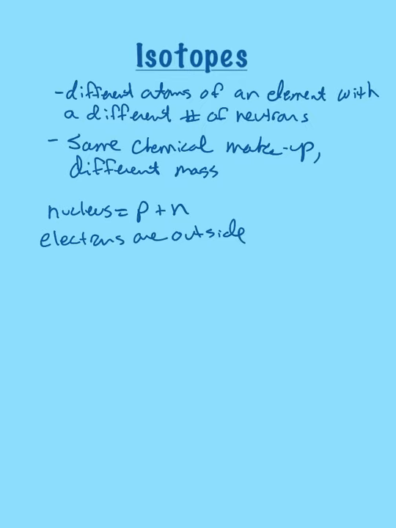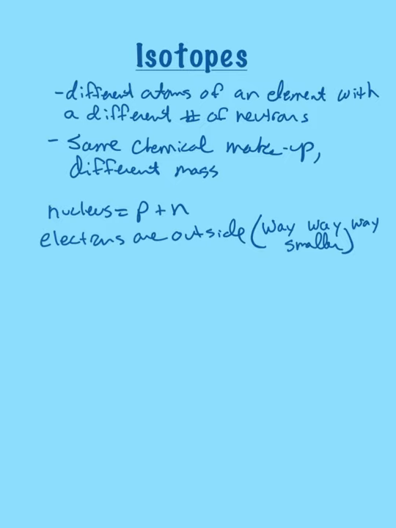A quick note here that electrons are way, way, way smaller than protons or neutrons. Their mass is practically negligible compared to that of a proton or a neutron. So most of the mass is in the nucleus.